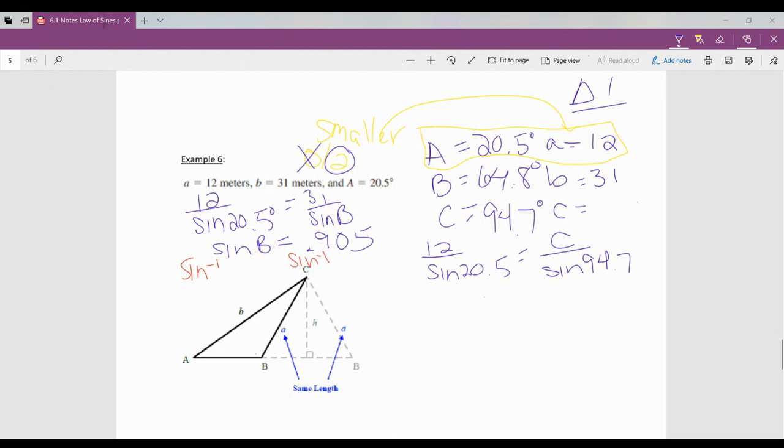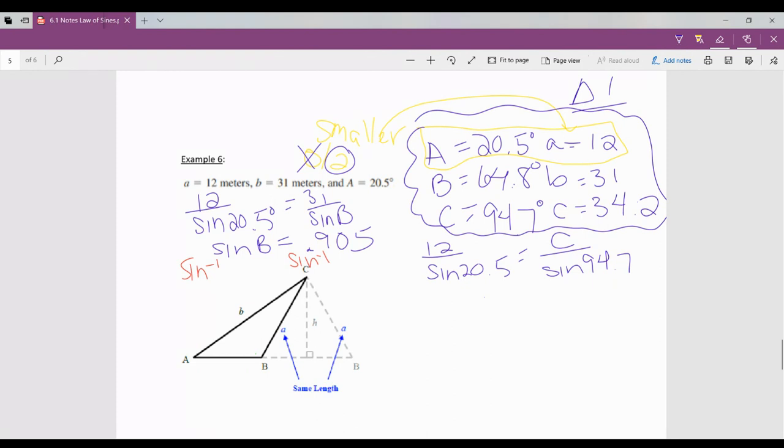And then I'm going to cross multiply. So 12 sine of 94.7 divided by sine of 20.5. And I get little c is equal to 34.2. Okay, so these are my triangle 1 answers right here.